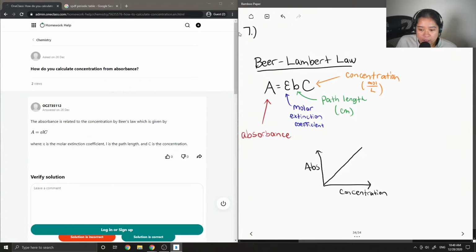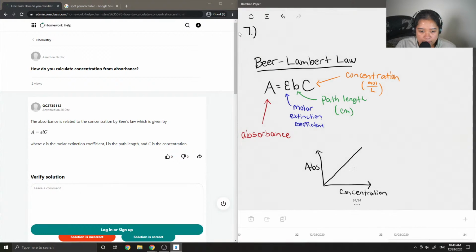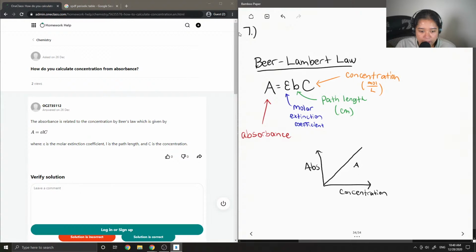So the two are related in that sense. And when you have the equation of the line, we know that absorbance is y. The slope is k, which is just the molar extinction coefficient and the path length. And c is our x value.